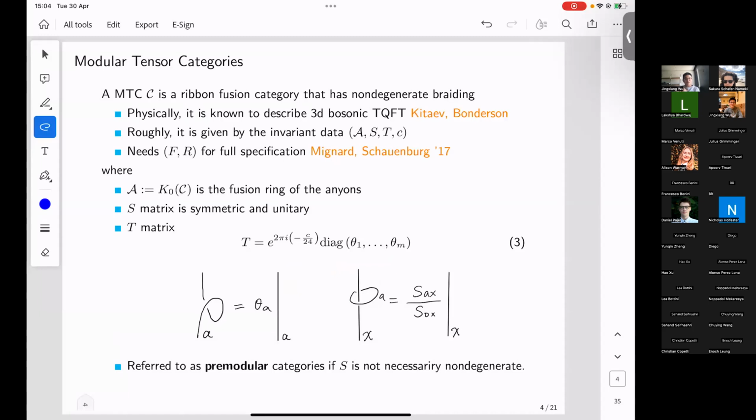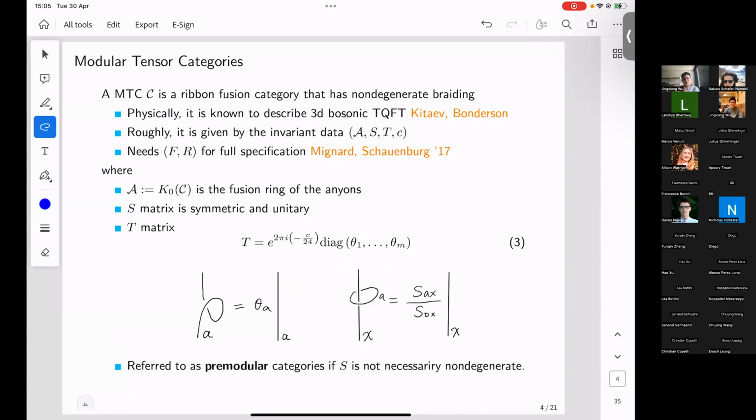On the other side, we are studying MTCs. This is a very well-developed area. It's super relevant to physics, and it has very heavy machinery as well. Fortunately, we don't need much of the technology today. Basically, it's the mathematical language to describe TQFT in 3D.